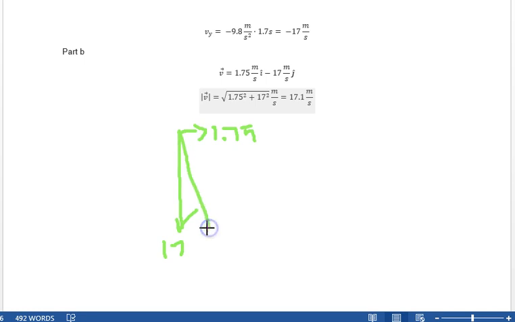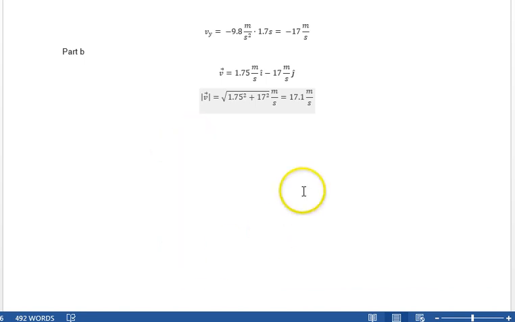So if you're looking for the resultant direction, relative to the horizontal, then we're talking about an angle that is the inverse tangent of the y component divided by the x component. So the direction, theta, equals the inverse tangent of the y component, minus 17, divided by the x component, 1.75.